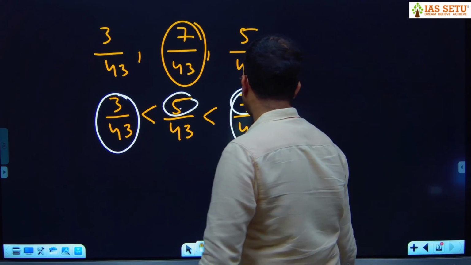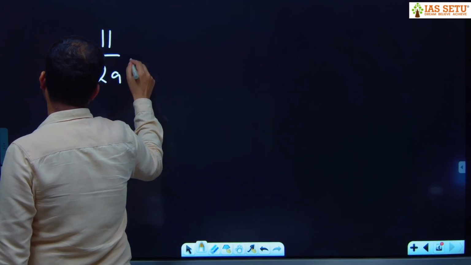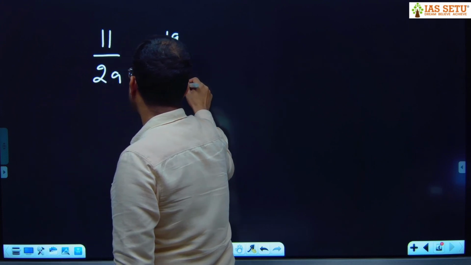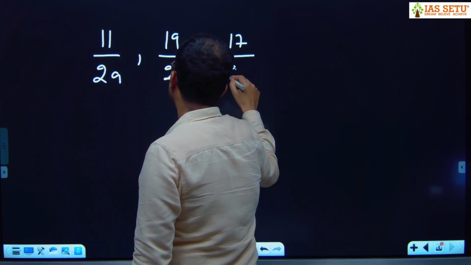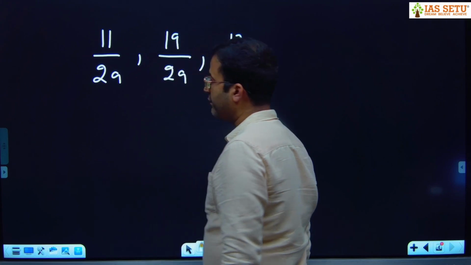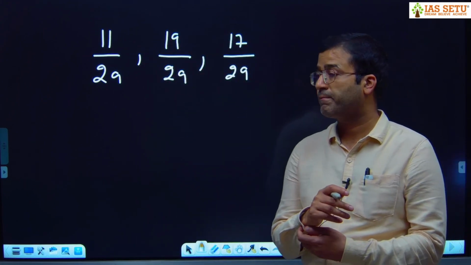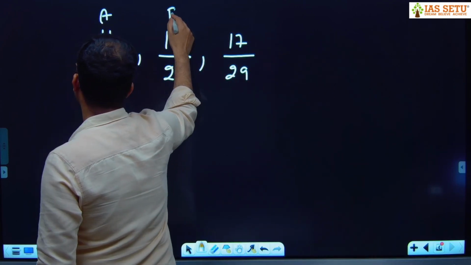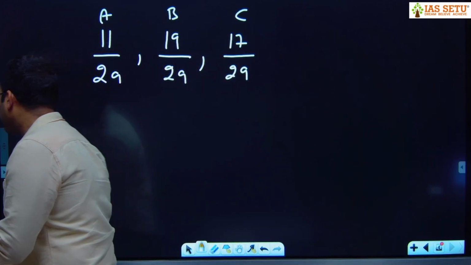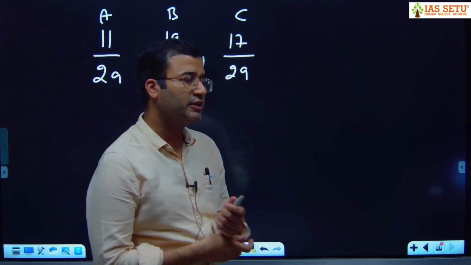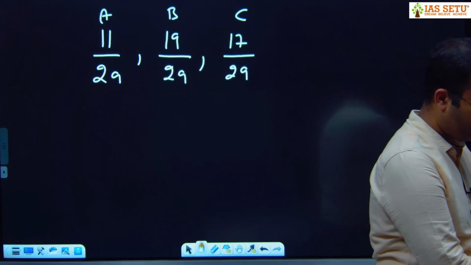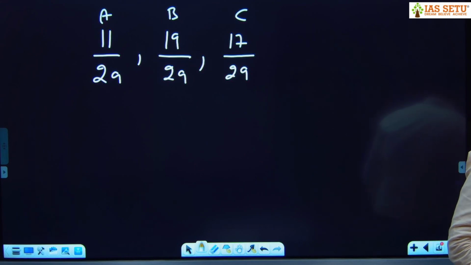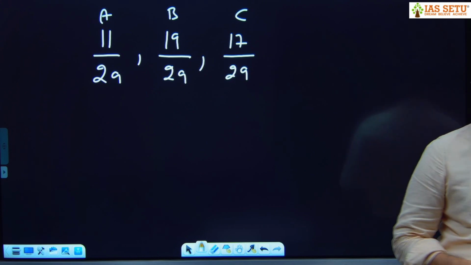Now you try. If I ask a question: 11/29, 19/29, 17/29. Out of these, tell me which one is the largest fraction. You can call these A, B, C, so you can write the answer: B is the largest. Which one is the smallest? A is the smallest.